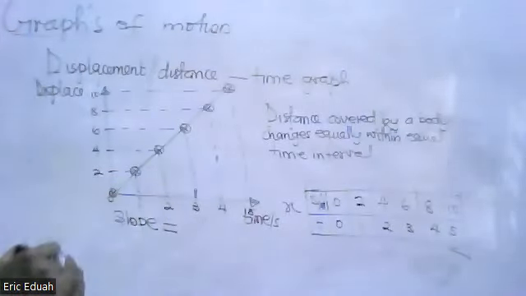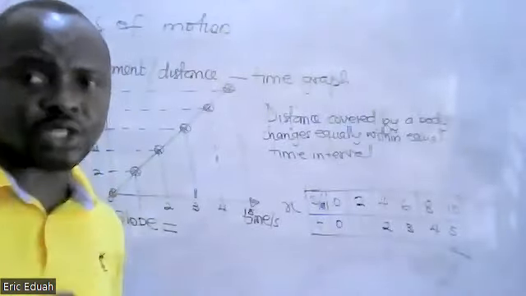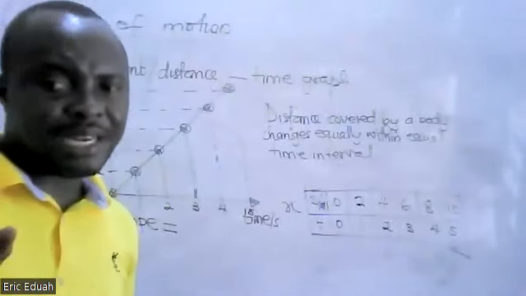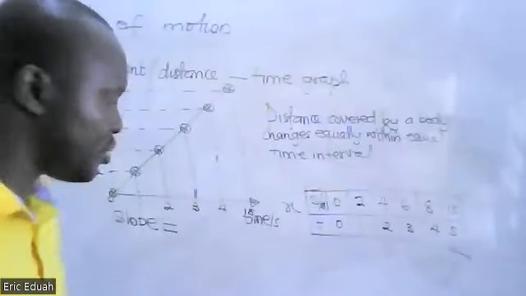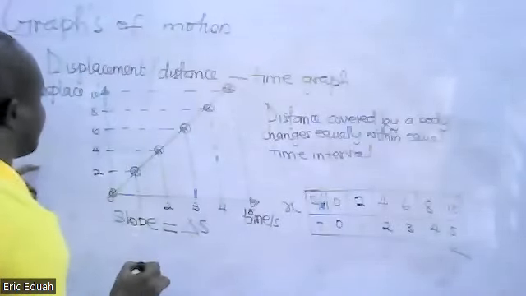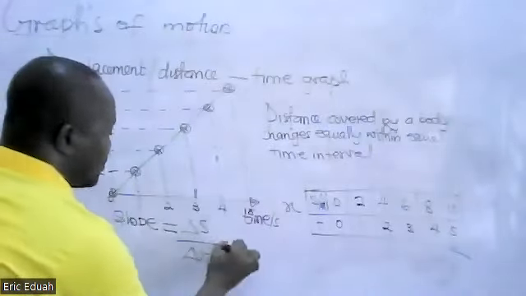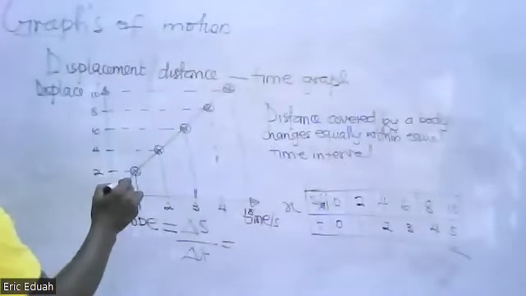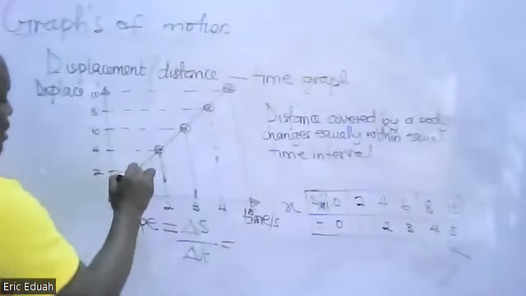In determining the slope, all that you have to do is to choose any 2 points on a straight line. Find the change in the vertical, and divide by the change in the horizontal. So delta, change in displacement, divided by the change in the time, gives us the slope. I pick any 2 points, this and this.